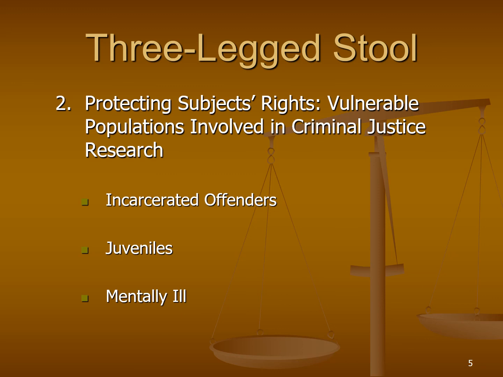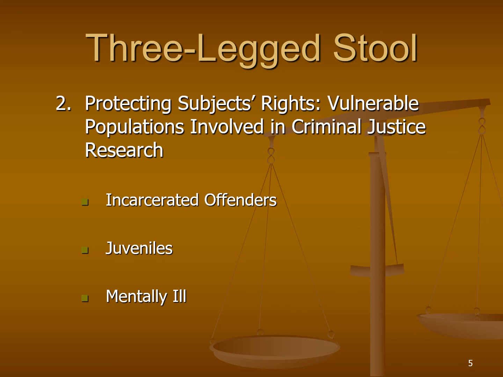Juveniles. When we think about psychological and physiological maturation, we know that kids' brains and their psyche are not fully developed. And so it's important whenever you're dealing with a population, especially under the age of 18, that you take extra steps to make sure you truly get voluntary consent.